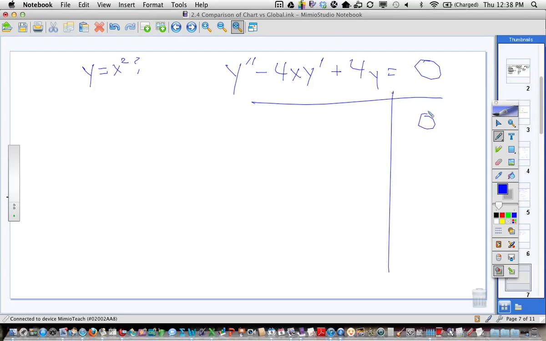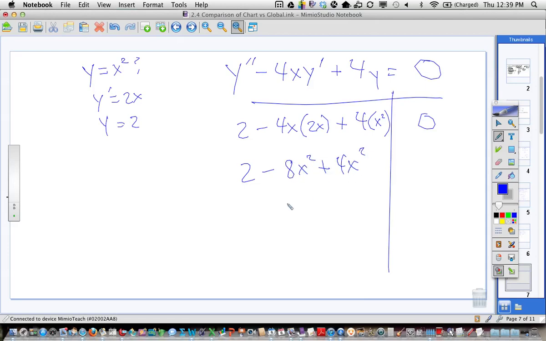So obviously nothing to do over there. So y prime is 2x and y equals x squared, so y double prime would be 2. 4x times y prime, which is 2x, plus 4 times y, which is x squared. It's pretty easy to see already. 2 minus 8x squared plus 4x squared. 2 minus 4x squared does not equal 0. Not a solution.